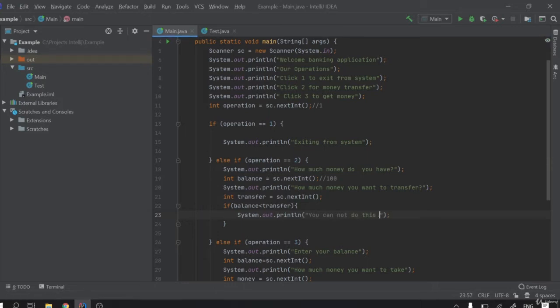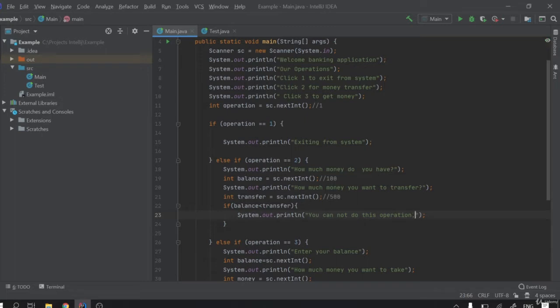do this operation. Why? Because, for example, our user's money or balance is 100 and he or she wants to transfer 500, and in this case I'm going to say you cannot do this operation.